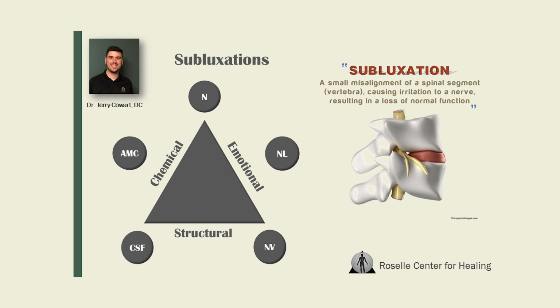Here's a good basic definition of a subluxation. It says a small misalignment of a spinal segment or a vertebra causing irritation to a nerve, resulting in a loss of normal function. I like the definition of a subluxation to be more broad than just a spinal segment or a vertebra, because you have nerves that go all throughout the body.